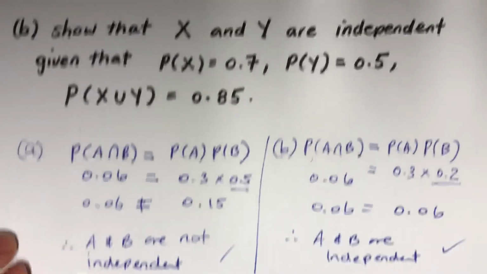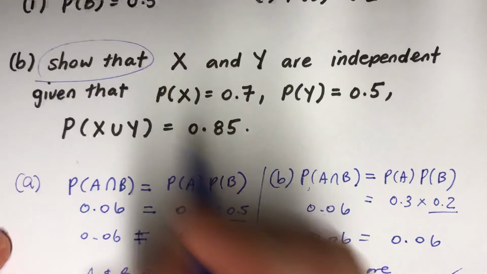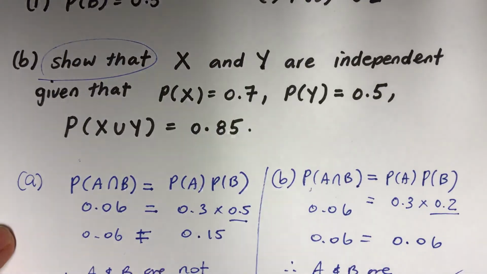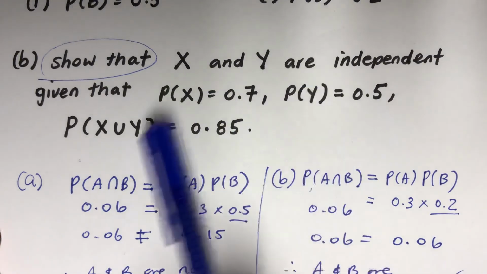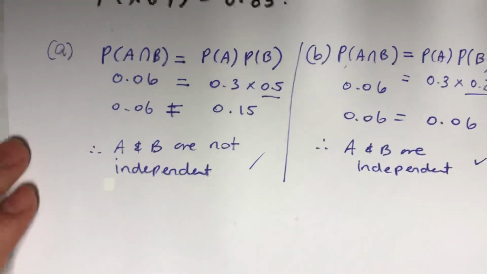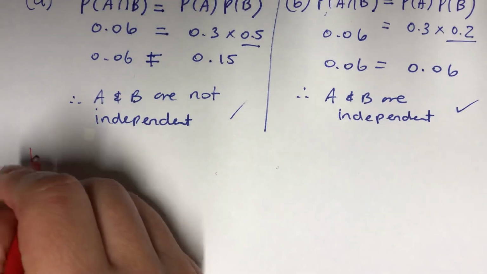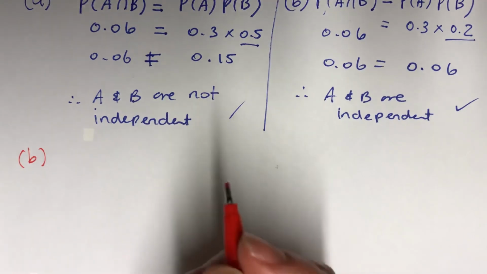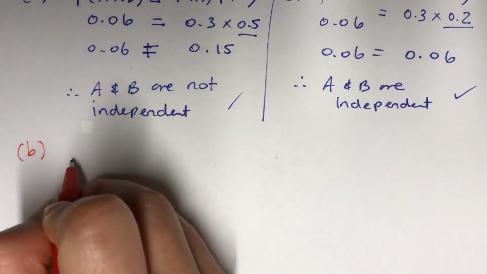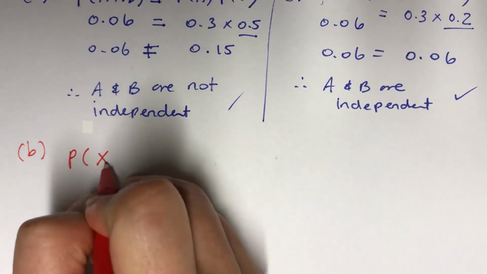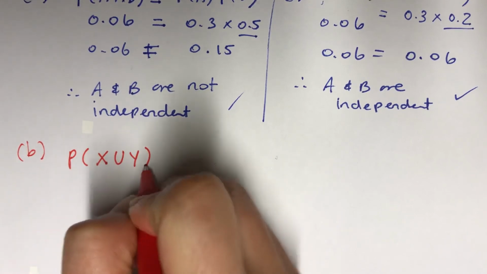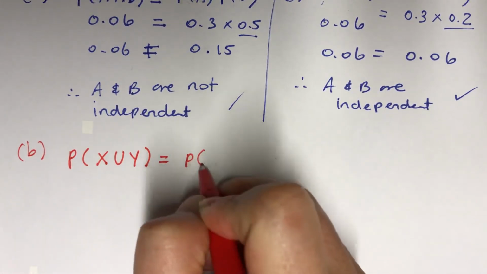Now, the second one says show that, sort of like a proof, X and Y are independent given all this information. Okay, so we need to prove this. So I might just use a different color. So B. Alright, so I'm going to use P(X union Y) equals, what was the formula for that?